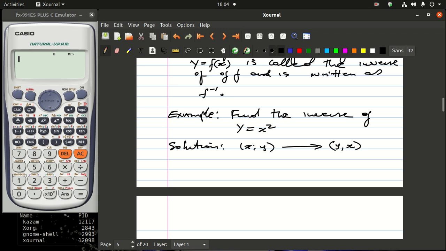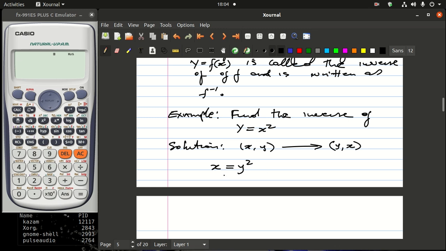So you interchange these two. I have y and x, so I'm just going to interchange and end up having x is equal to y squared. So whenever I have a y, I place an x, and whenever I have an x, I place a y there.